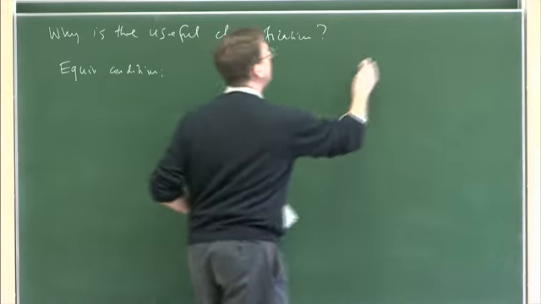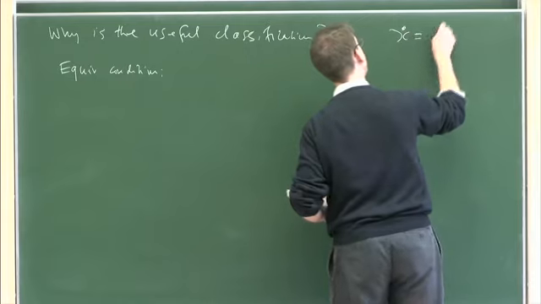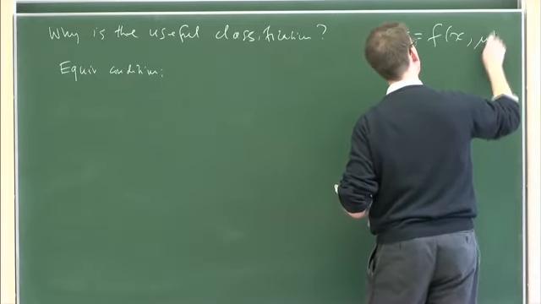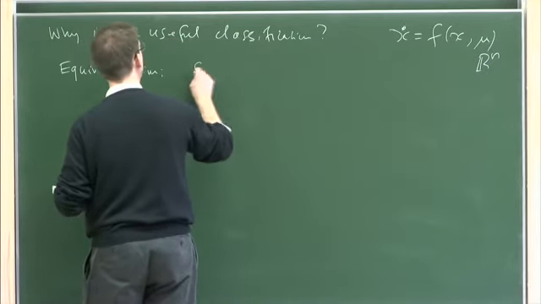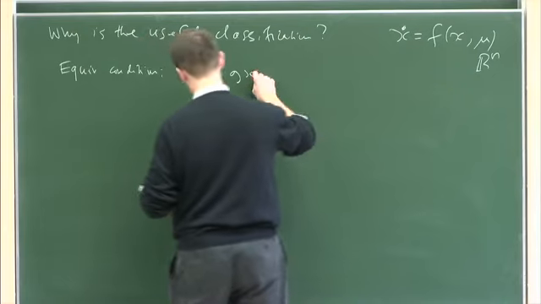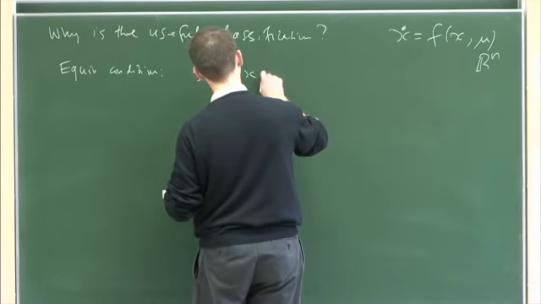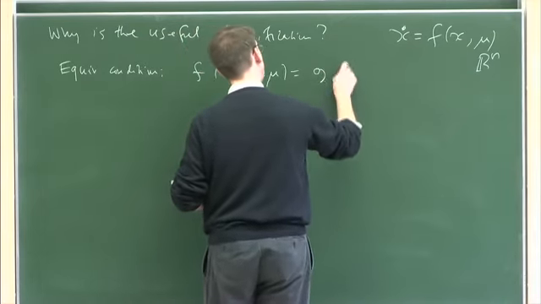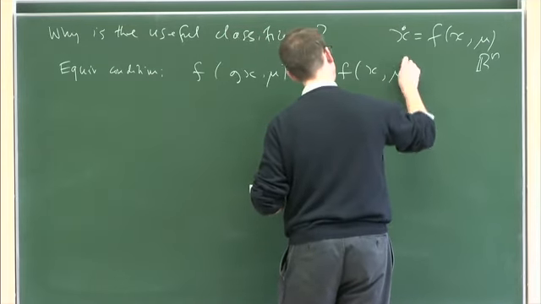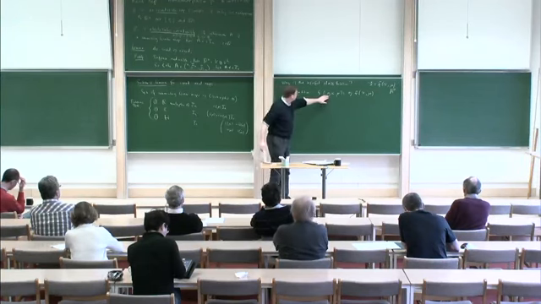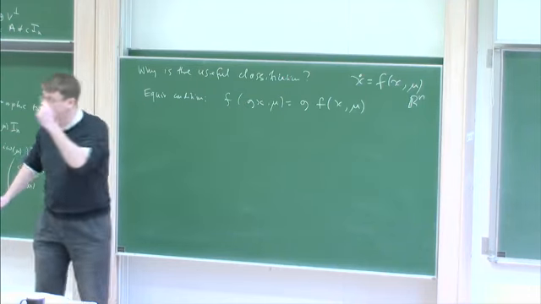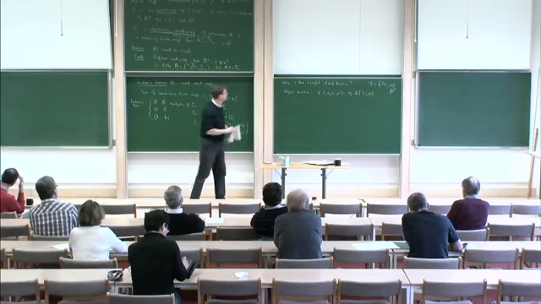We've always got differential equations x dot is f of x, mu in R^n, and we observed before that it was natural to demand that f of gx comma mu was g times f of x, mu. When I write g now, I'm thinking of rho tilde of g. I've got one representation in mind.